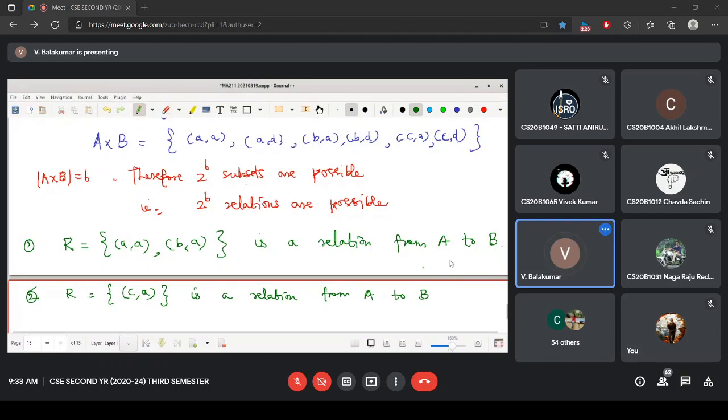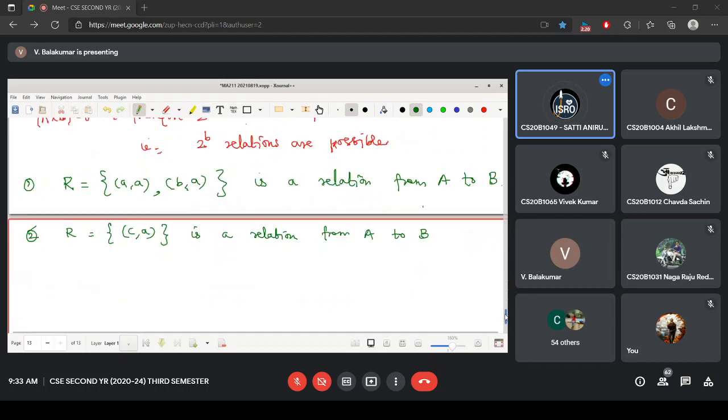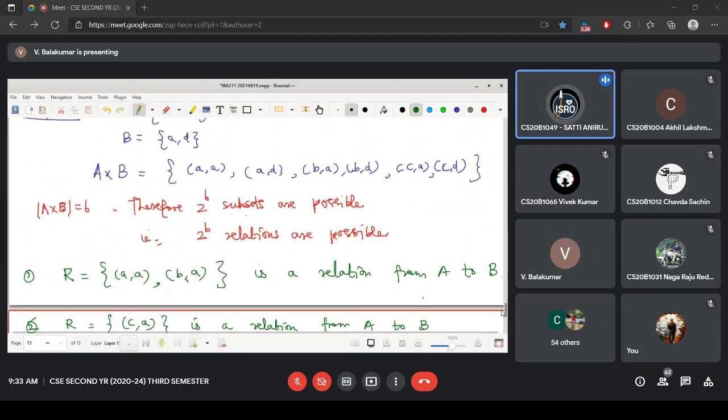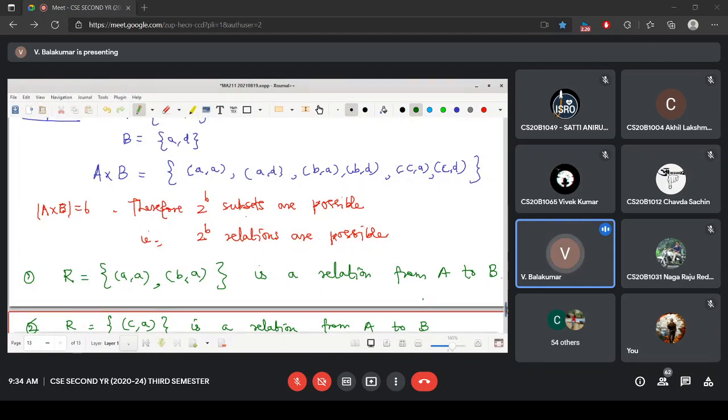Is it okay? Yes, tell me. The null set also comes under subset, na sir. Can we say that one also here? Which one? Null set. You can tell me that also. No element means each element in capital A is not related to any element in capital B. That's what you want to say.